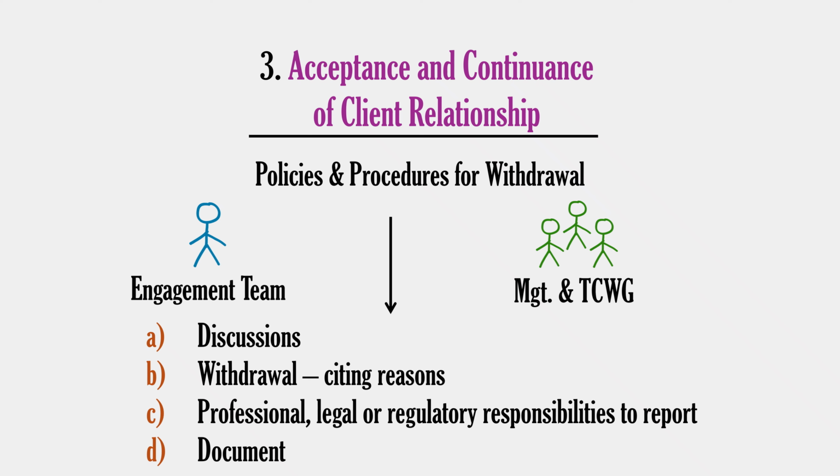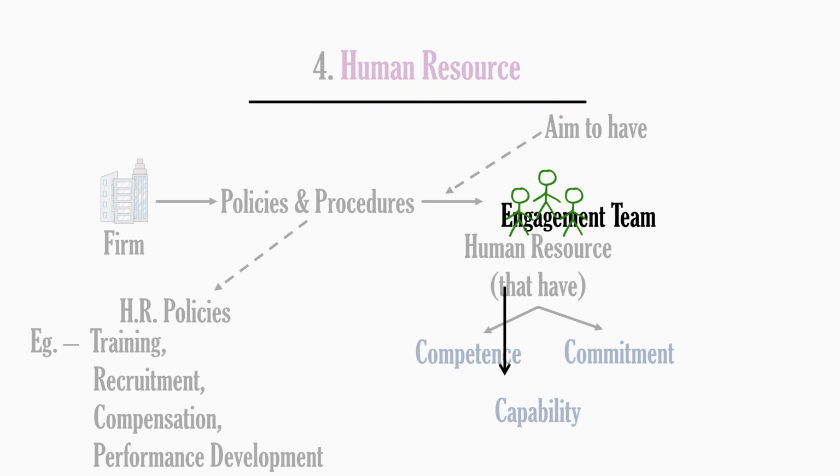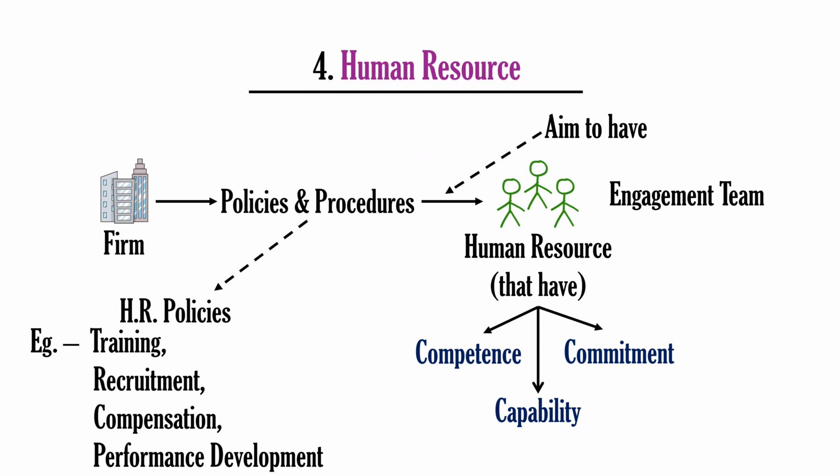And where withdrawal is possible, he should withdraw after discussions and providing ample reasons. And the professional, legal, or regulatory responsibilities to report the same should be performed by the auditor and documented.